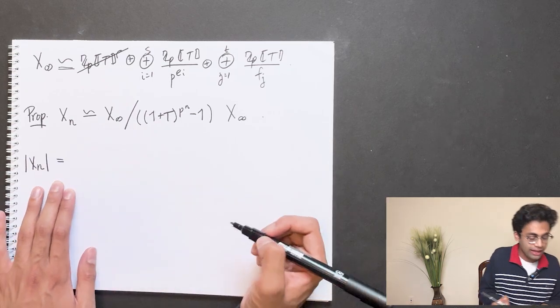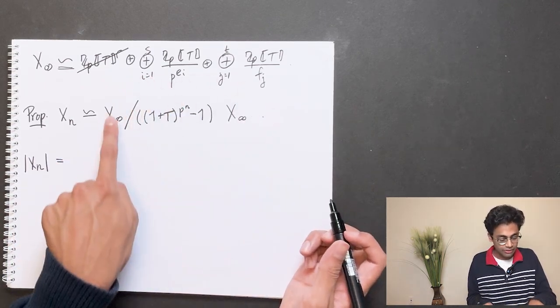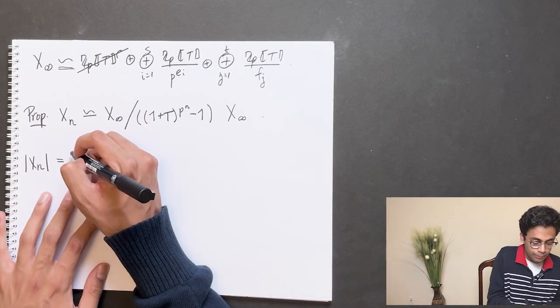Okay, so this is just a calculation. Xn is just this, that's X infinity, modulo this. So let's calculate what that is.